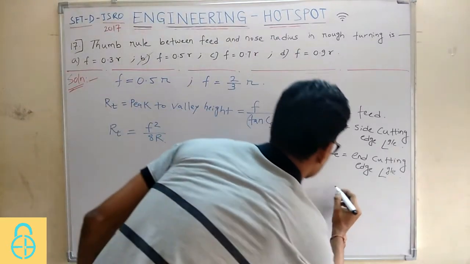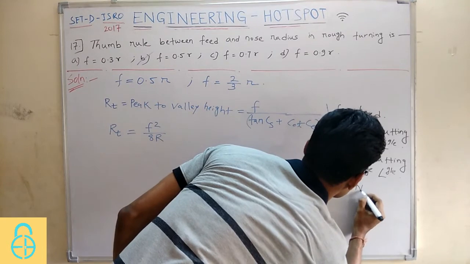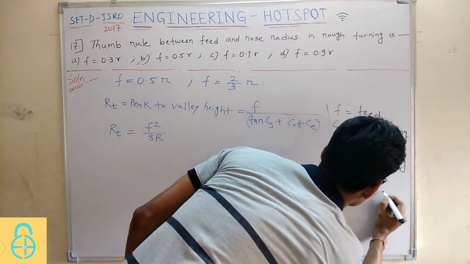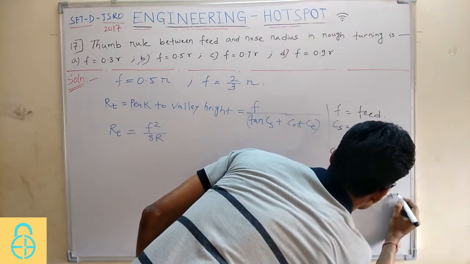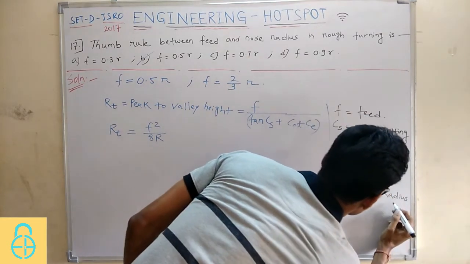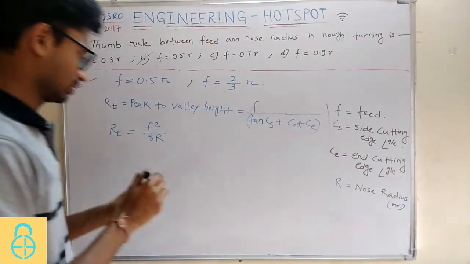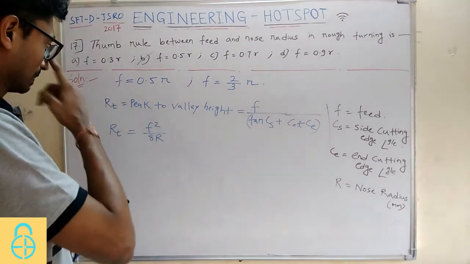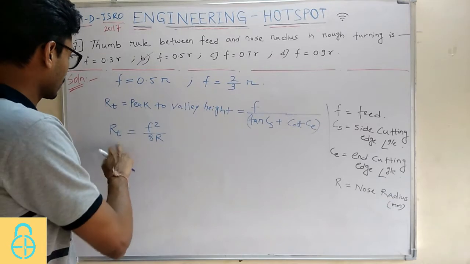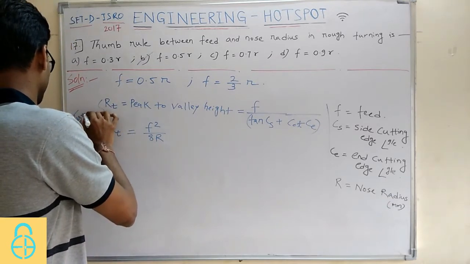Here R is called the nose radius. Basically, this value will be in mm or any unit. So these two are the formulas for the case of turning.